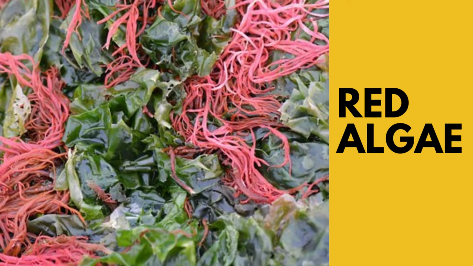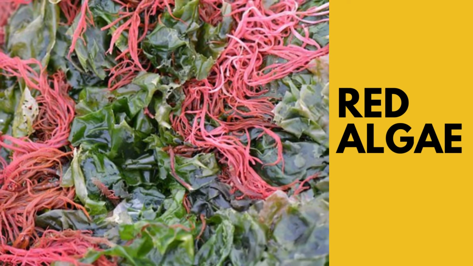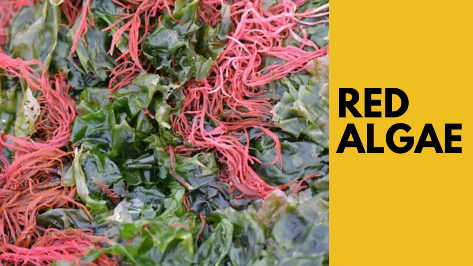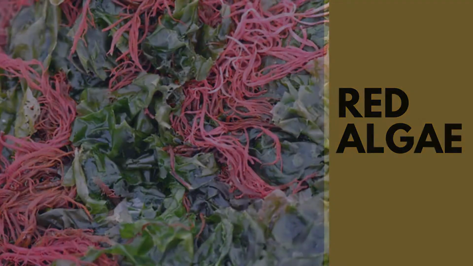Next is red algae. Red algae are named so because of their red color, which they obtain from the pigment phycoerythrin. The pigment reflects red light and absorbs blue light and hence gives a reddish appearance to the algae.